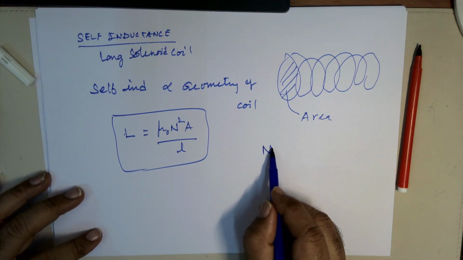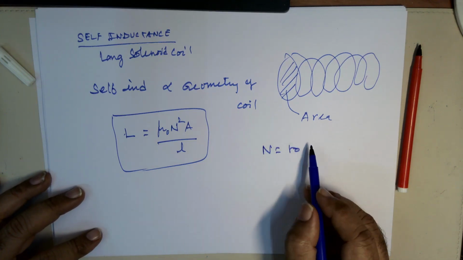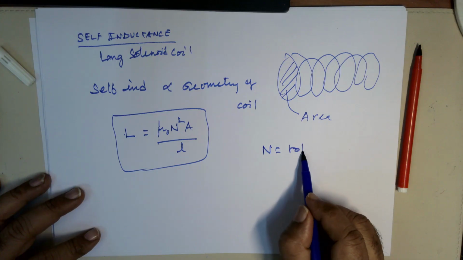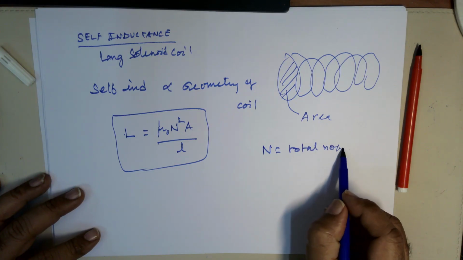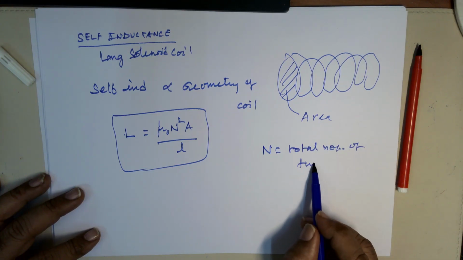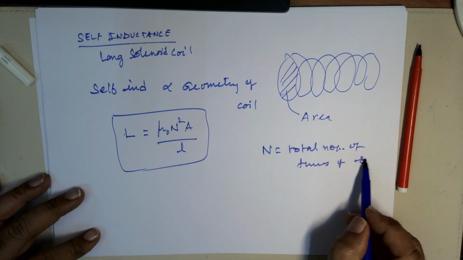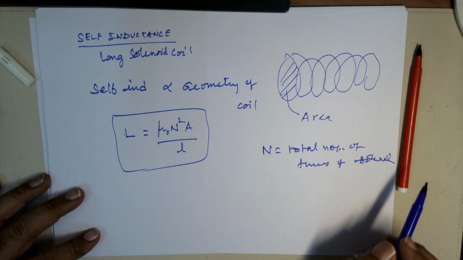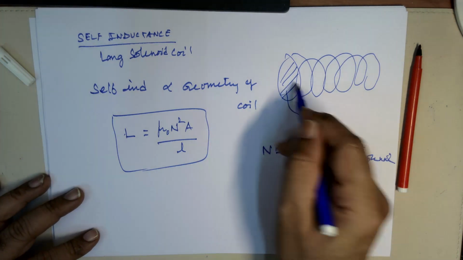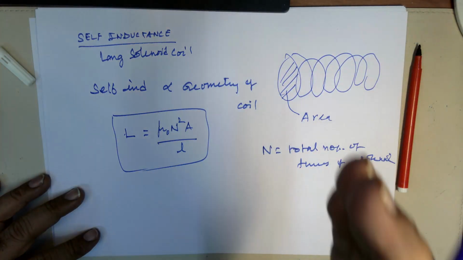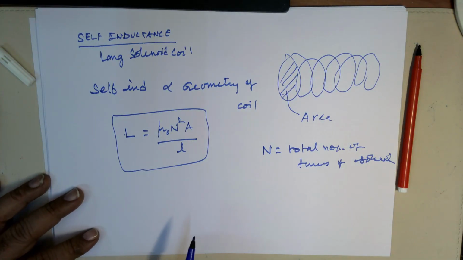So what is N? The total number of turns of the solenoid. A is the area enveloped by the solenoid, that is the coil in the solenoid.